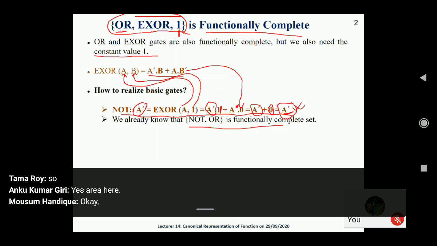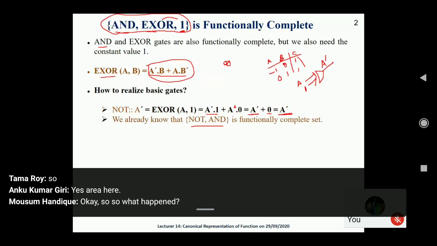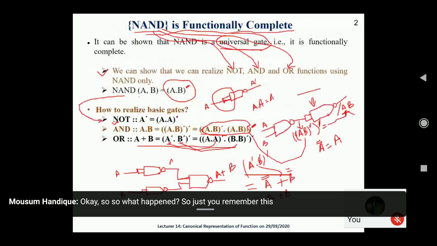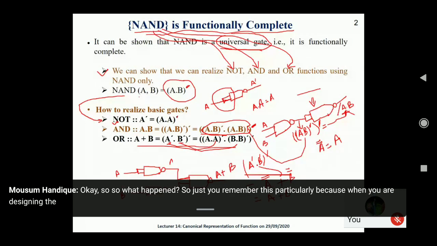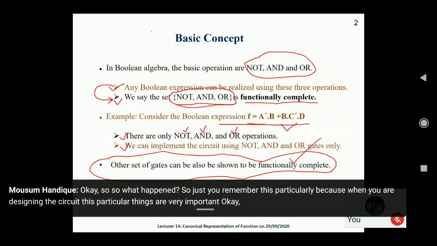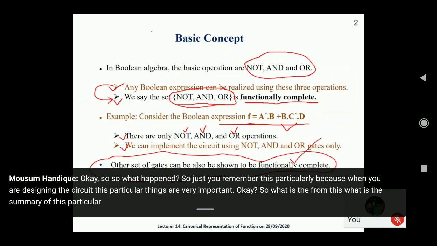Okay, so what happened? Just you remember this particular bit, because when you are designing the circuit, these particular things are very important. So what is the summary of whatever we are discussing? The first point is that NOT and OR gates are basic gates.